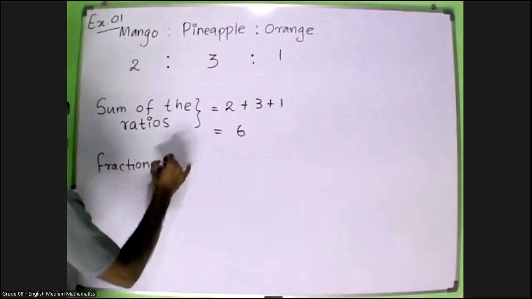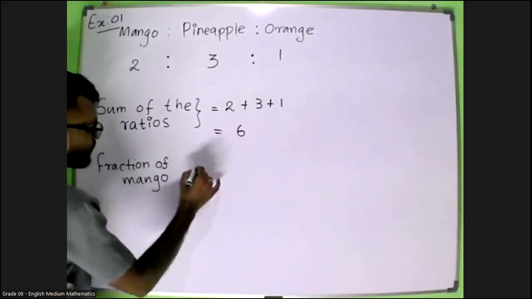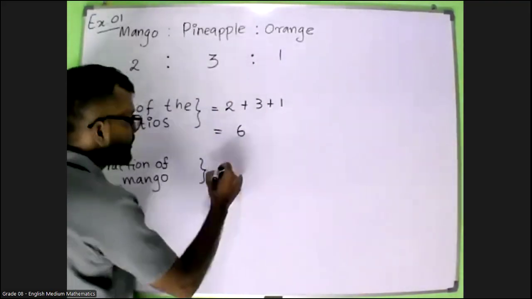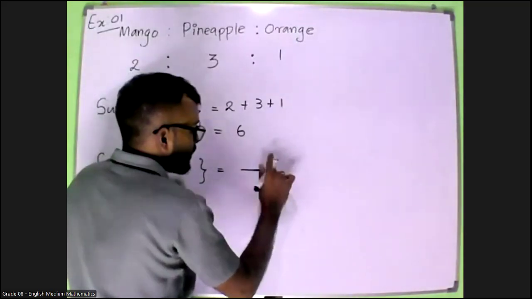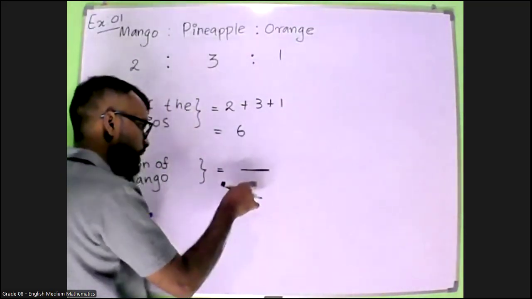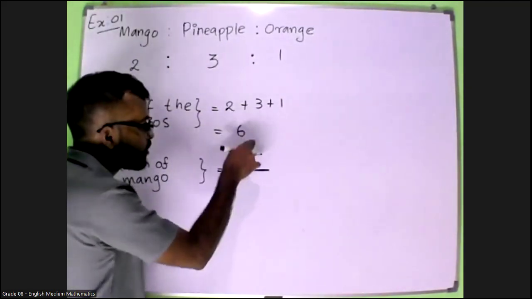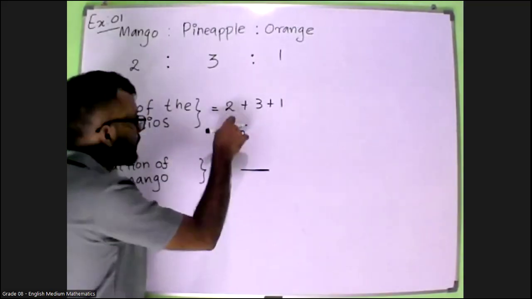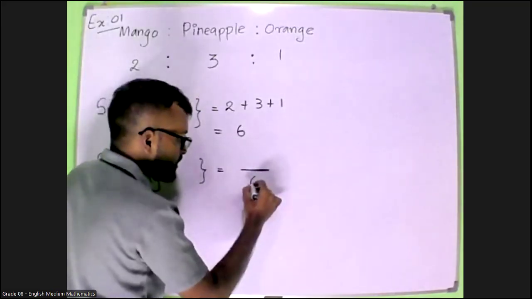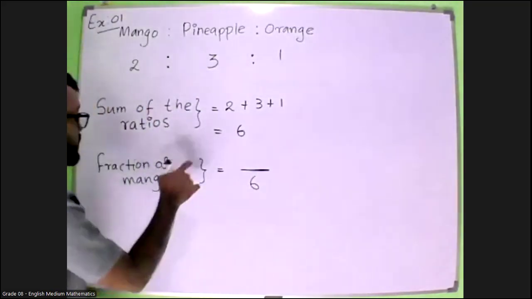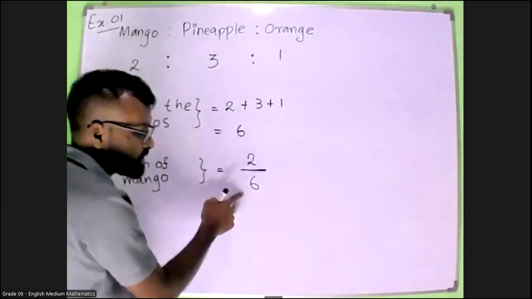Fraction of mango juice or whatever. So you have to write a fraction, numerator divided by denominator. Denominator should be the biggest part. It should be the total ratio, which is 6. Total mixture 6. How many mango parts are there? 2 parts. 2 upon 6.